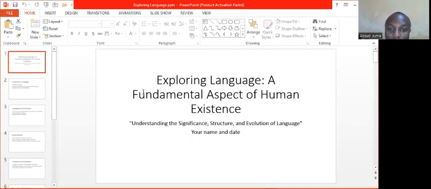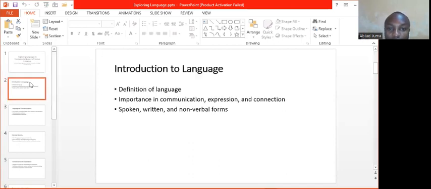After we have understood that, we can go to the next part, that is introduction to language, on our PPT as it can be seen on our screen. The first thing we are going to look at is the definition of language. How do you understand language? What is language? Language is an accepted mode of communication.